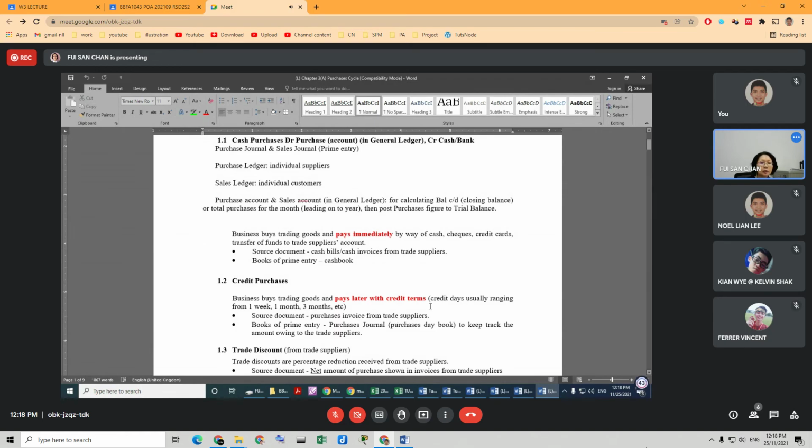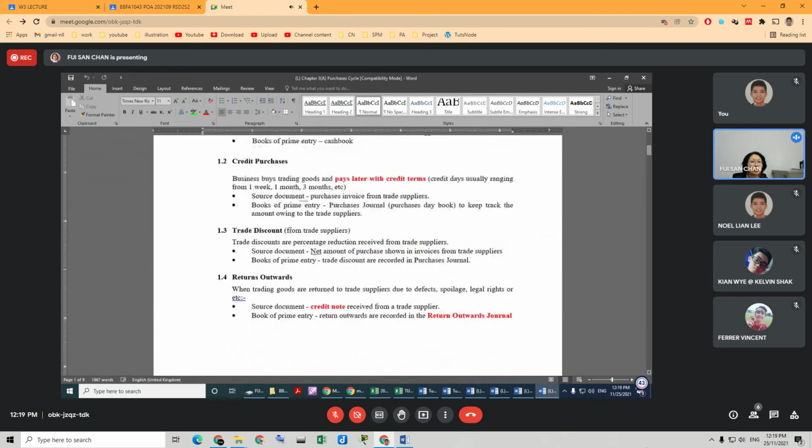This is very important. Credit purchases means you pay later. Trade discount means the more you buy, the more trade discount you will get, because you buy in bulk. Trade discount only appears in your purchases journal.